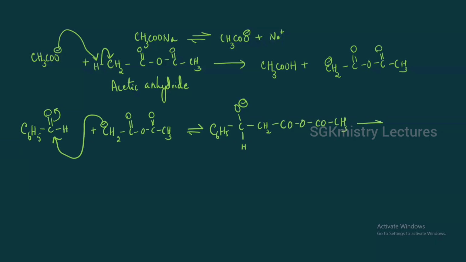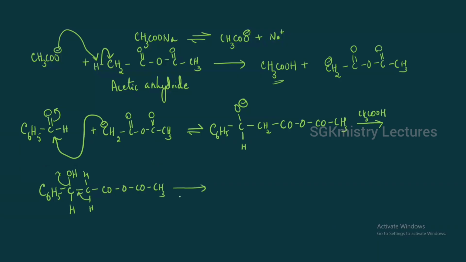Now in the presence of acetic acid, there is acetic acid that was produced here. Now this O minus will be converted to OH. So I'm going to get C6H5, here OH, H. Here I can write it as CH and H, right? Then CO, O, CO, CH3, right? Now this H can shift here. This OH can be removed off.